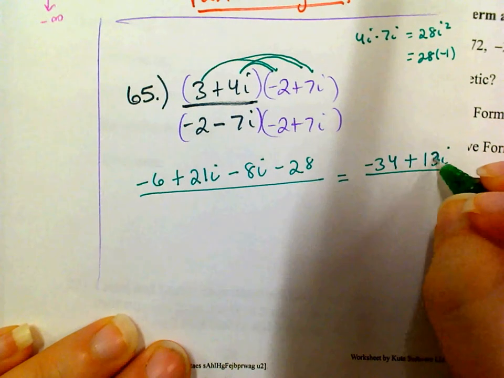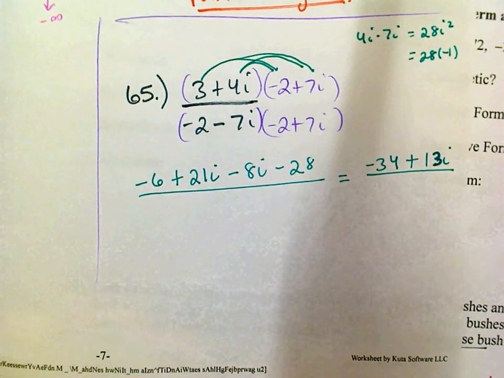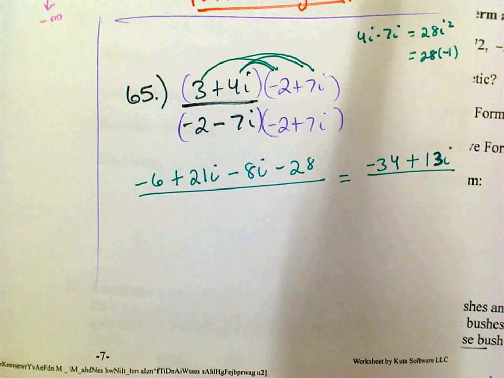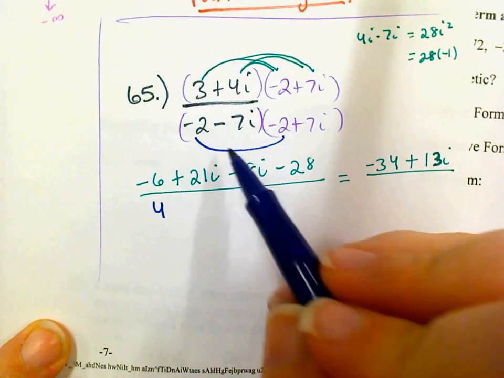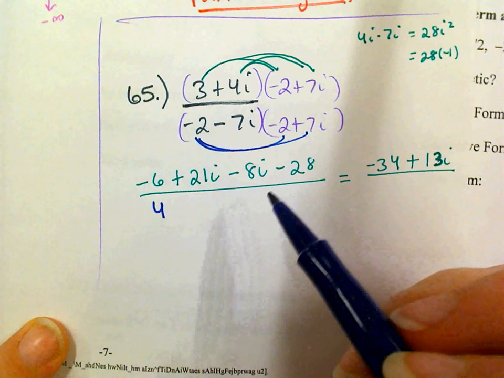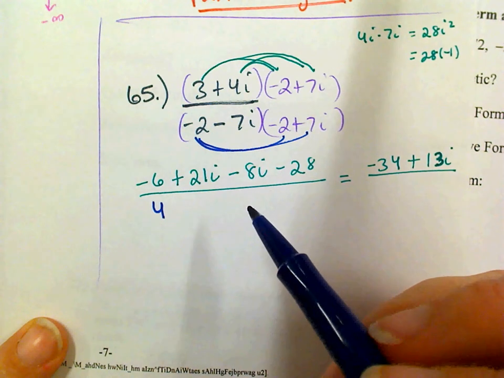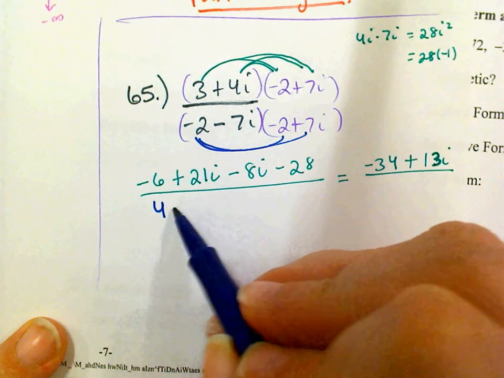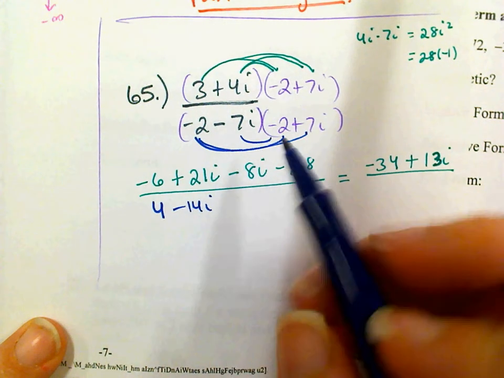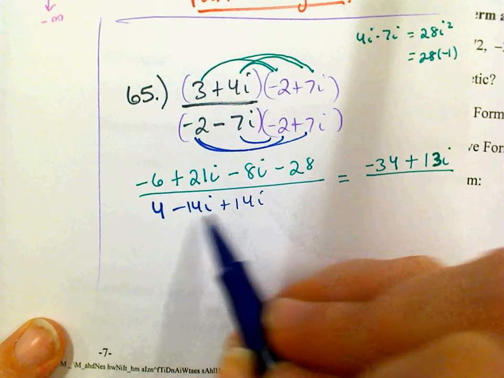And the denominator, positive 4, what's that going to be? Well, I'm not there yet. You're right. Negative 2 times 7i is negative 14i, but negative 7i times negative 2 is positive 14i. They'll always cancel out. Negative 7i times positive 7i is a negative 49i squared, which makes it positive 49.